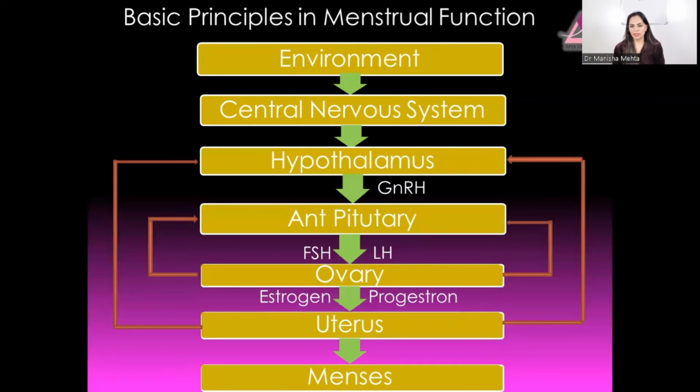So what will happen is, if the serum FSH is too high, when I'm saying too high, I mean serum FSH more than 15, we call it hypergonadotrophic hypogonadism. Just to understand that this patient's ovary is not working. So this patient is secreting gonadotrophin releasing hormone, and it is also releasing FSH.